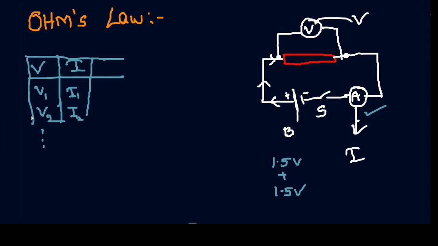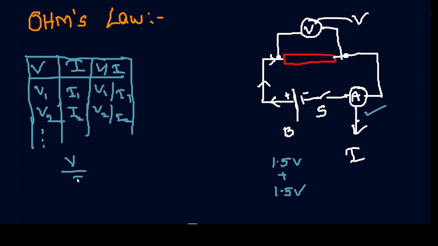If you keep on continuing this activity for several cases, you will understand that the ratio of V and I of every case is very similar. After performing this activity several times, the scientist Ohm decided that this V by I ratio is always constant, no matter the value of the battery. So V is directly proportional to I. Whenever we perform this activity, the temperature is constant.